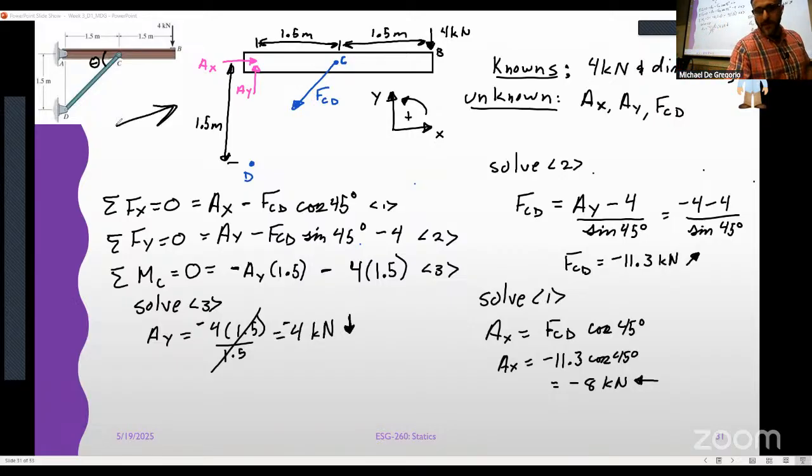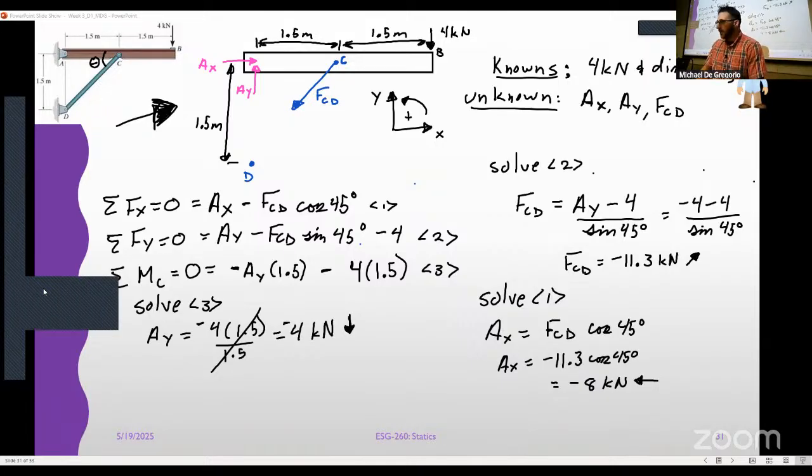Because I have this, it's very simple for me to write out these equations. It has all of the information that I need to write it out. And so always have a free body diagram, always. All right, any questions on this right now?